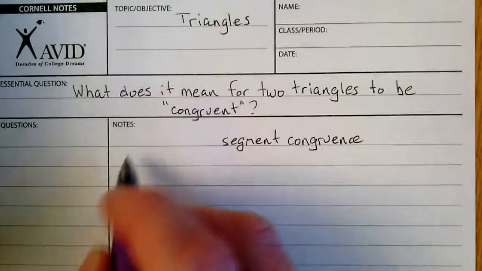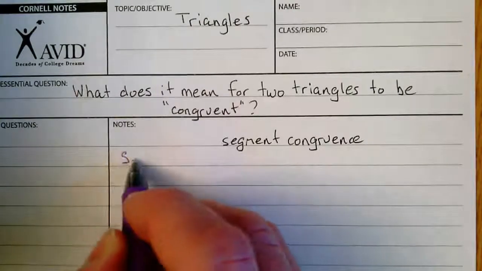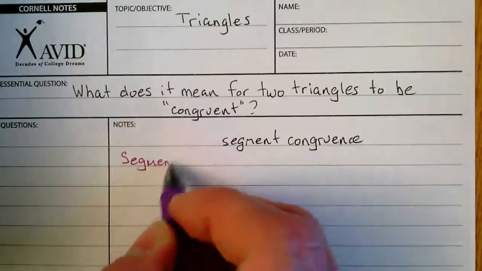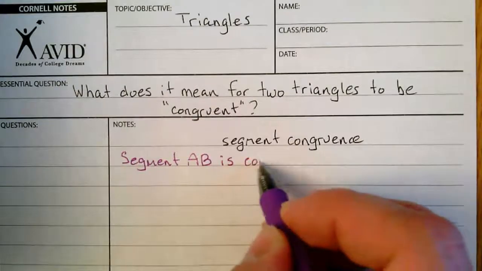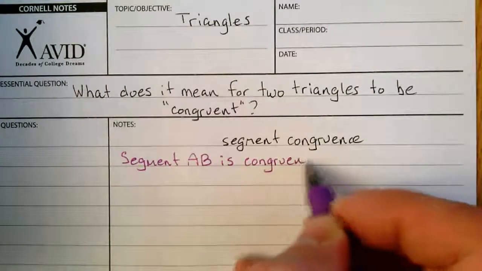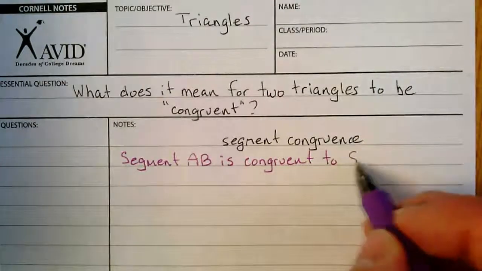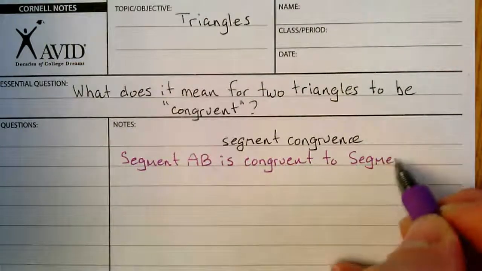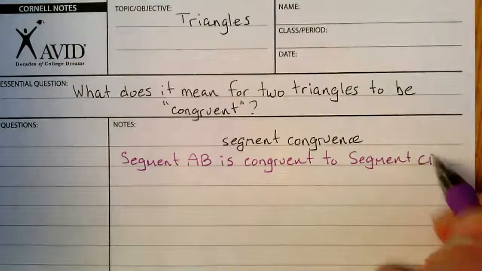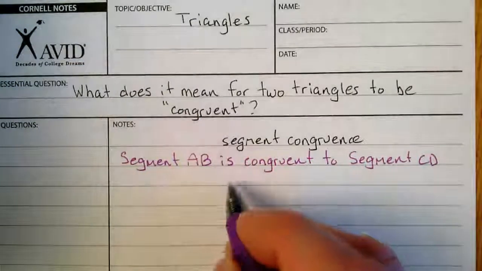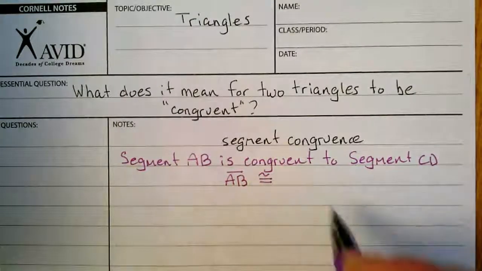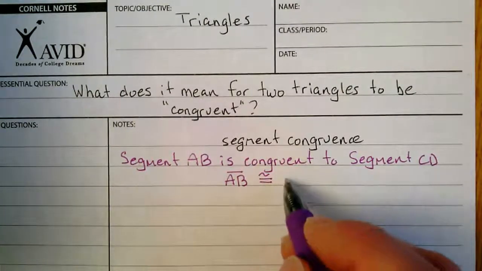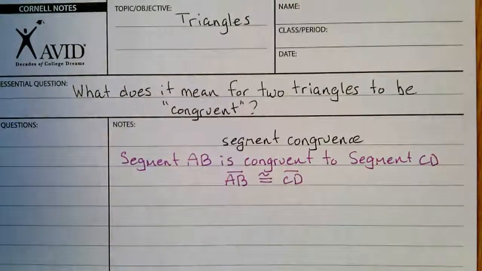If we were to say that segment AB is congruent to segment CD, we would write that as AB, and there's the symbol for is congruent to, CD.